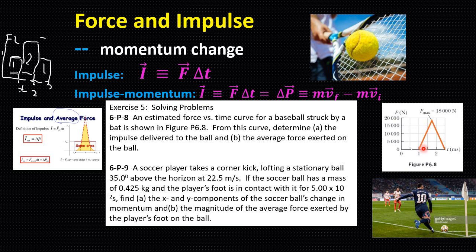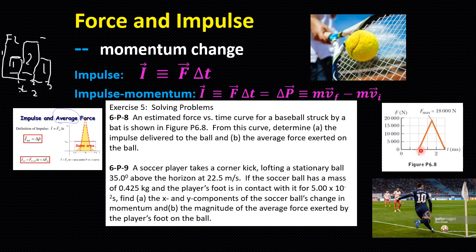In this particular case, we actually can calculate the area exactly. As we learned in math and geometry, the area of a triangle is the base times the height divided by 2. But you just have to use the units.